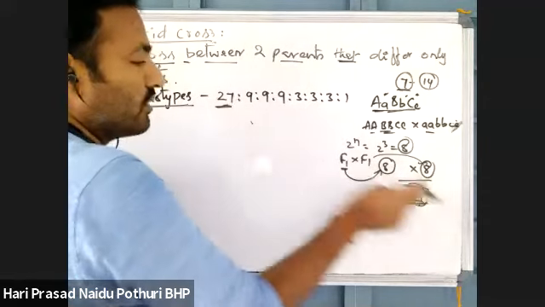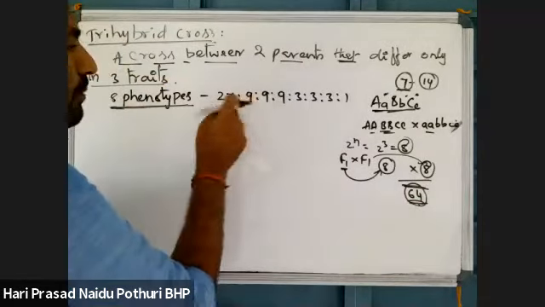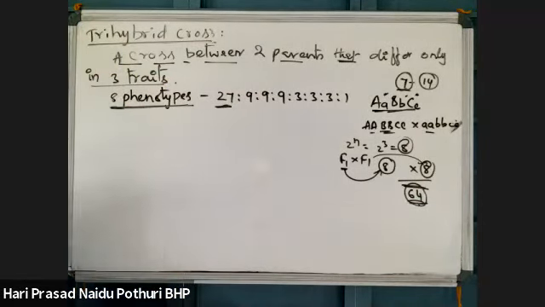When the 64 are separated, there is a possibility of 8 phenotypes with a ratio of 27:9:9:9:3:3:3:1. This is as per independent assortment.